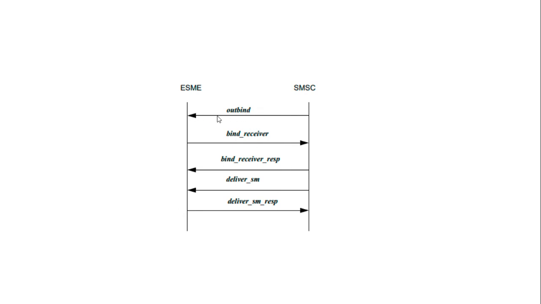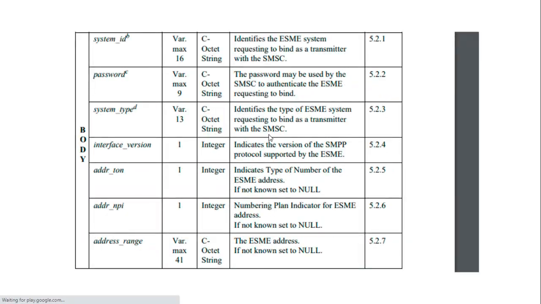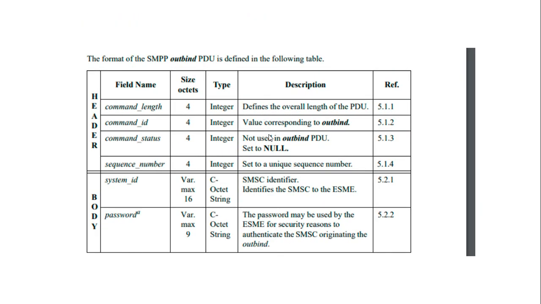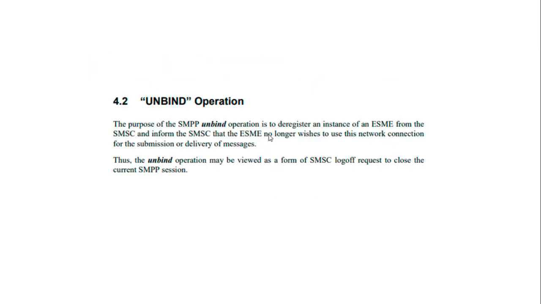Once the ESME verifies that the message type is outbound request and the username and password match with the ESME's, then it will request for a bind receiver. How to initiate this bind receiver request, you already learned in my earlier video. So this is how outbind works.